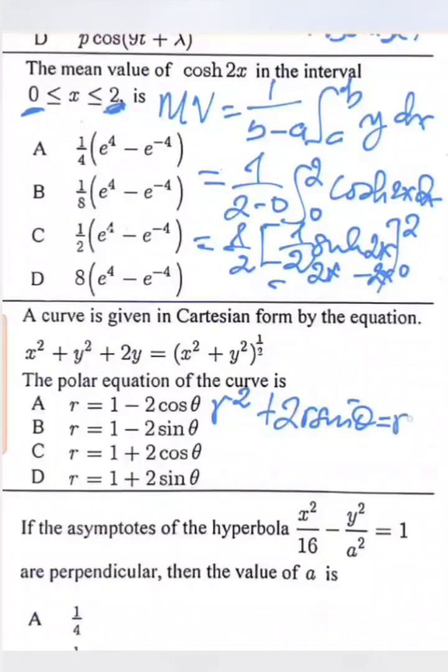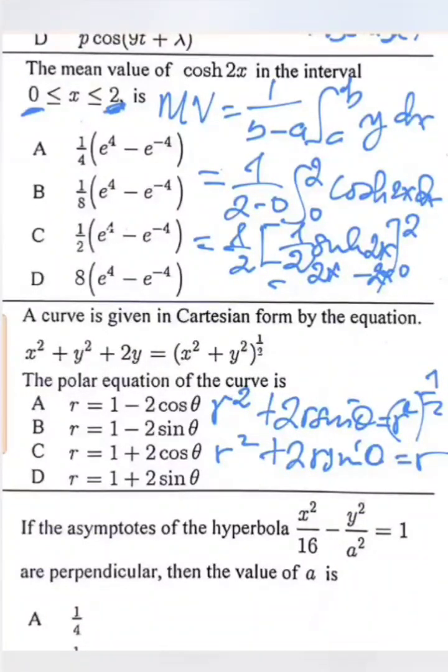The right hand side, x squared plus y squared, is r squared raised to the power half. Now you get r squared plus 2r sine theta equals r, and you can divide through by r to have r plus 2 sine theta equals 1, so that r equals 1 minus 2 sine theta, giving the polar equation of the curve, and that corresponds to option B.